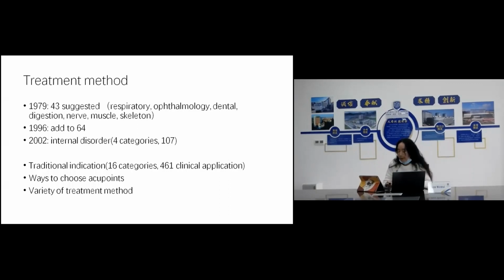So today I talk about this class through the way we choose different acupoints, and we have a variety of treatment methods, and how can we choose them. First of all, the very simple way for you to learn acupuncture is through meridians and collaterals, and this part has been introduced by Dr. Tu.